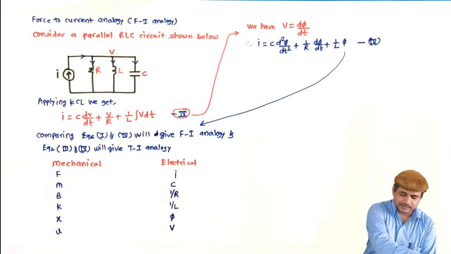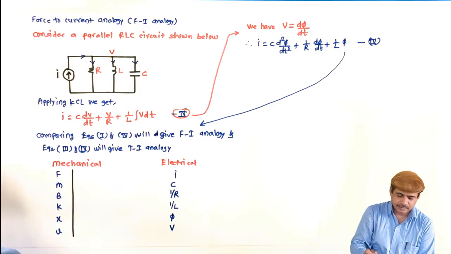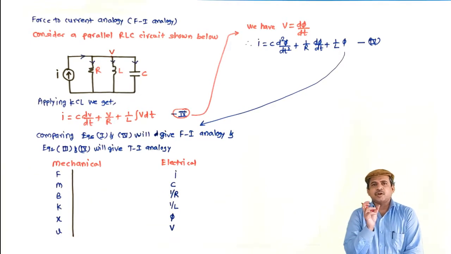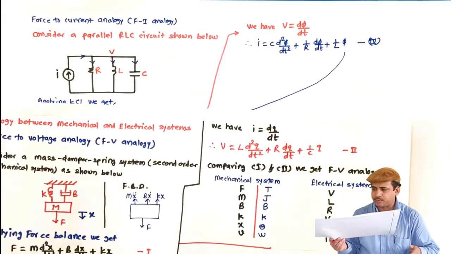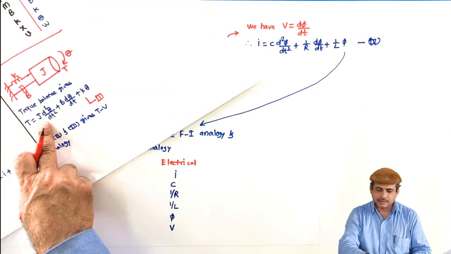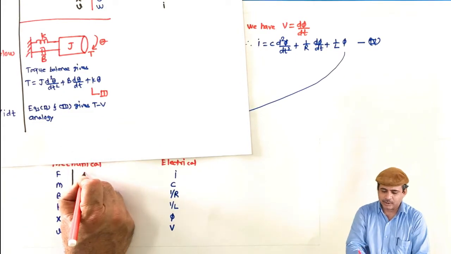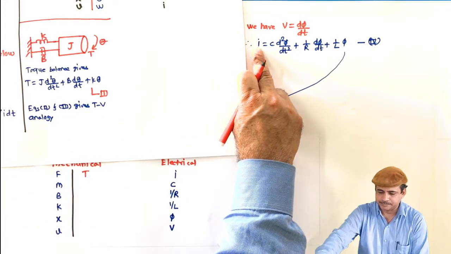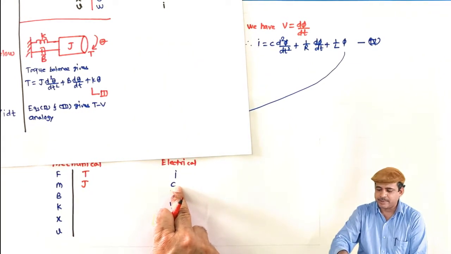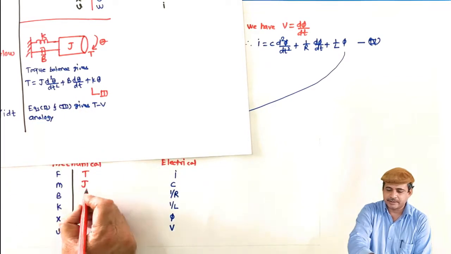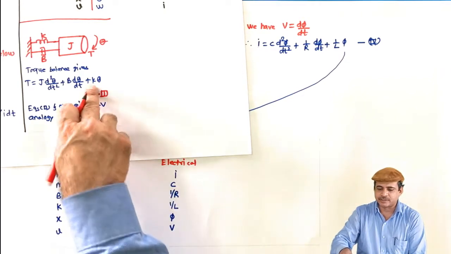And now if I compare it with the torque balance equation of the rotational system, that is equation number 4, what do we get? Torque is analogous to current I. Then inertia J is analogous to capacitance C. Then viscous friction or damper B is analogous to the reciprocal of resistance.